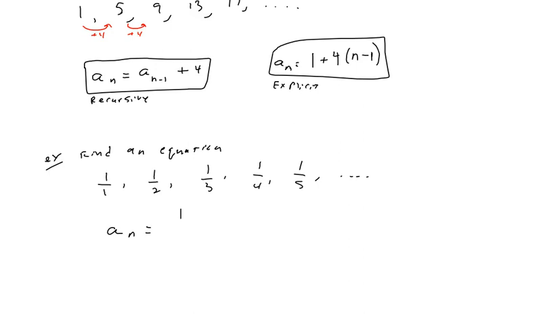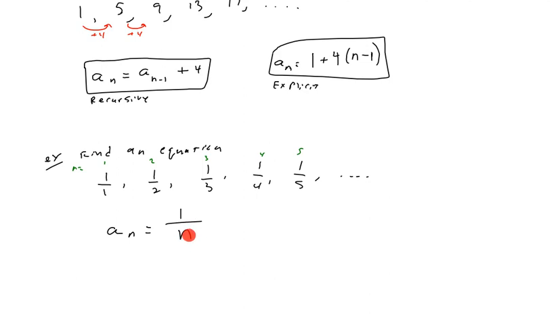So an easy pattern I can do is I can say, well, it's a 1 on the top, and whatever number in the sequence I'm at, that's the number on the bottom. N is 1, 2, 3, 4. My n number, the term number, the location number, is the number on the bottom of this pattern.